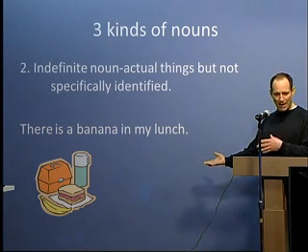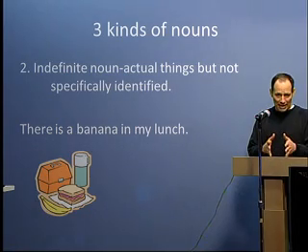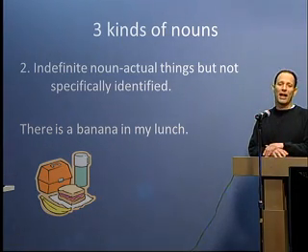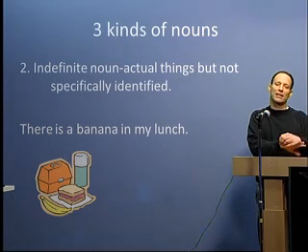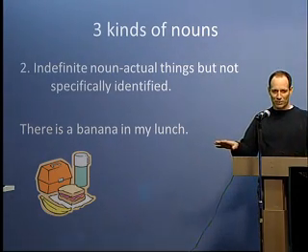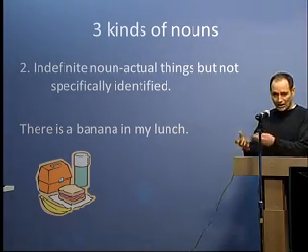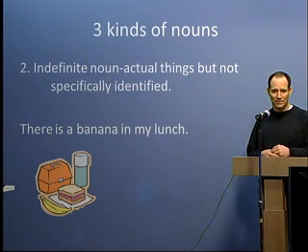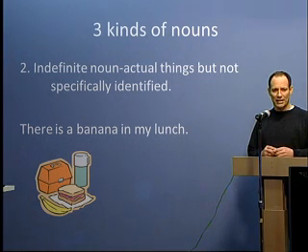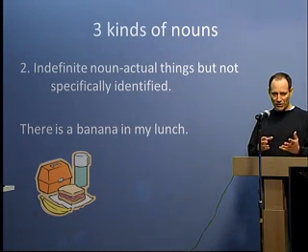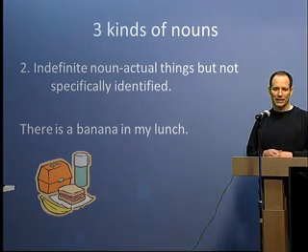When I say a banana, I mean there is an actual banana there. It's different from when we talked about generic nouns where I said a banana is yellow, all bananas, as a rule. Here I'm talking about an actual banana in my lunch. So that is what we mean by an indefinite noun. An actual thing, but not specifically identified.